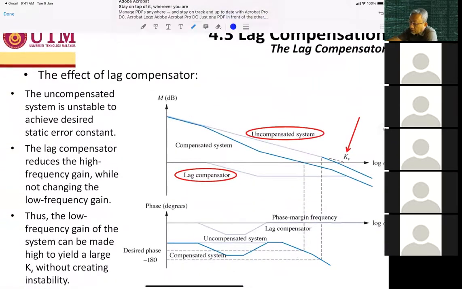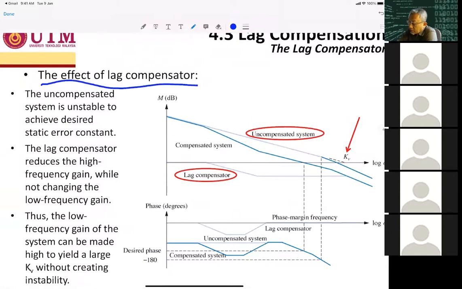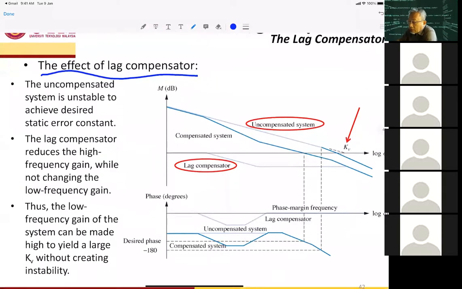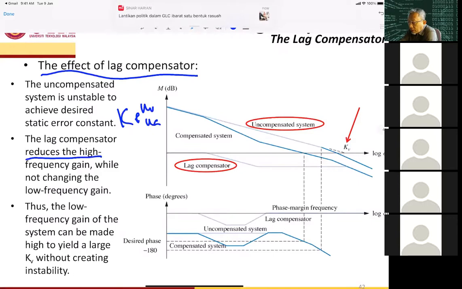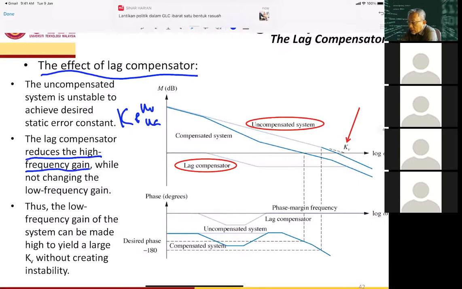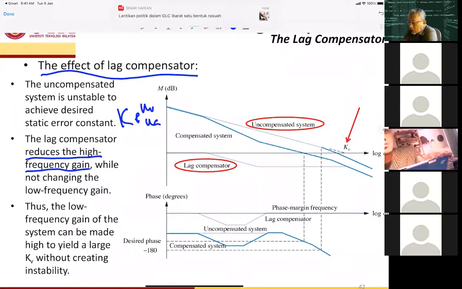So the effect of the lag compensator can be listed as here. The uncompensated system is unstable when trying to achieve the desired static error constant, which is the K, Kp, Kv, and Ka. The lag compensator reduces the high frequency gain while not changing the low frequency gain.